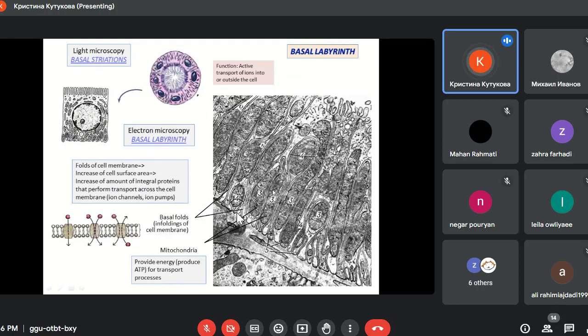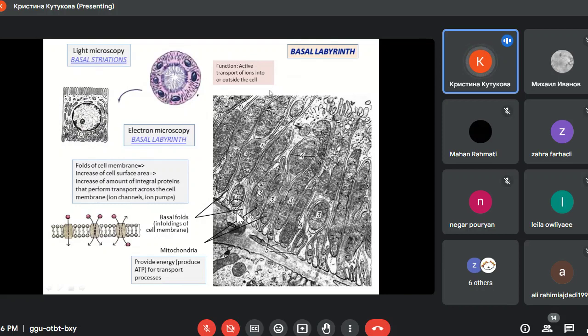They are folds of cell membrane of its basal part. So the membrane of a cell makes these infoldings inside the cytoplasm of the cell. And in cytoplasm, between these folds, the mitochondria are located.